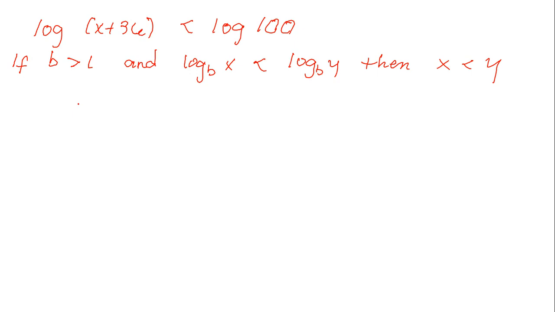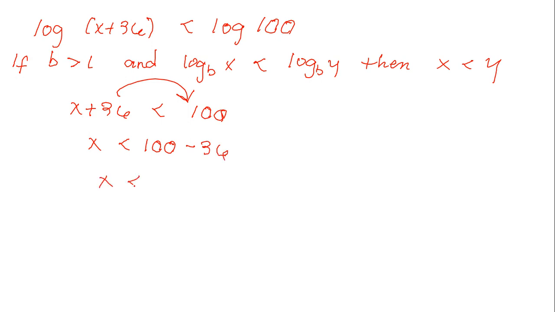So, kuhain ko lang si x plus 36 less than 100. Transposed, x is less than 100 minus 36. X is less than 64. Okay? Kuhain natin yung x greater than 0 and then y is greater than 0.